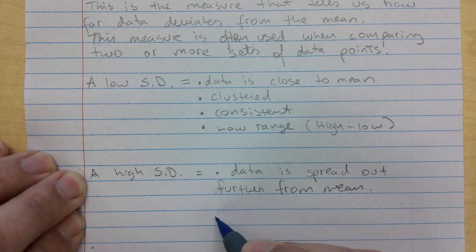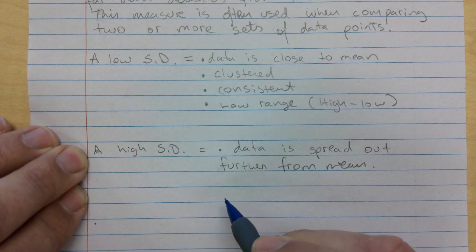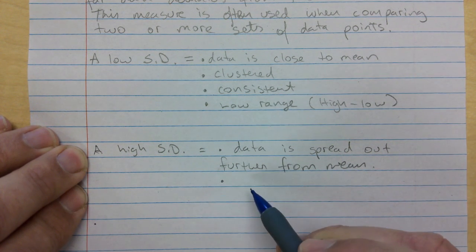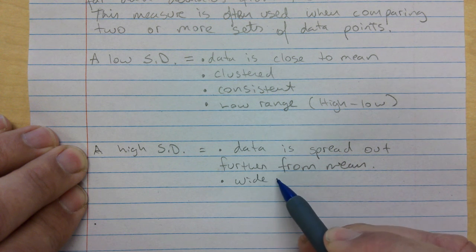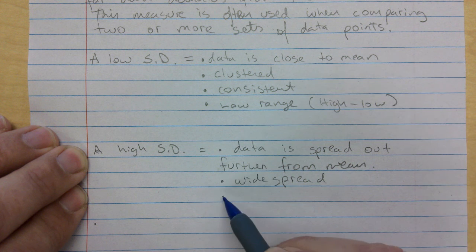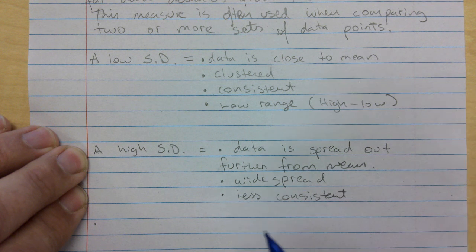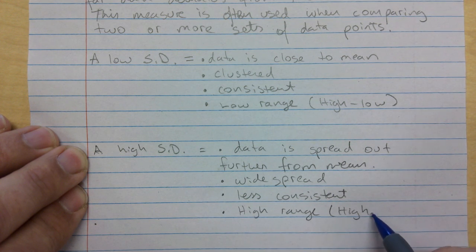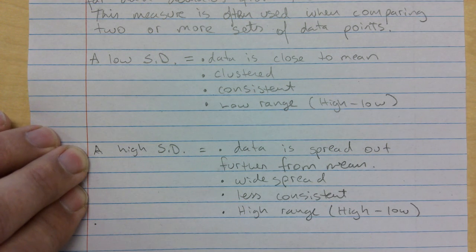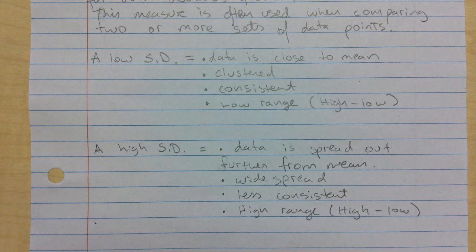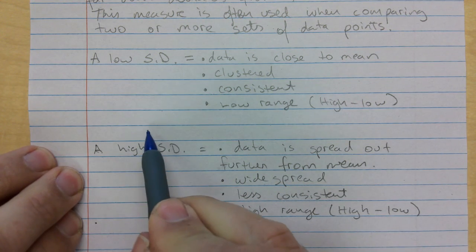Not all points will be far from the mean, but in general, it's widespread, less consistent, with a high range. If you take the high minus the low, it's going to be a bigger value, like brand X, 5.1 years versus 2.5 of brand Y.